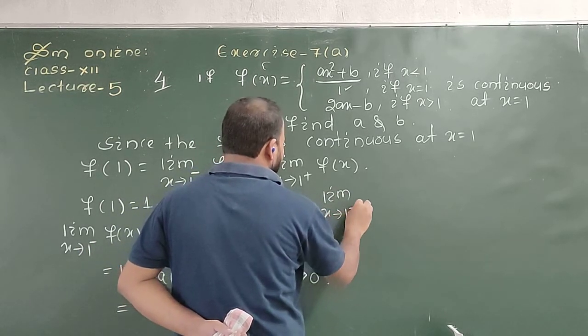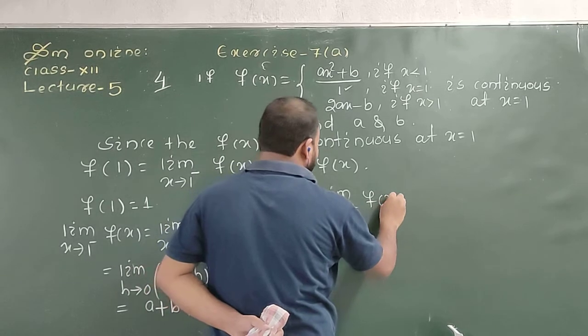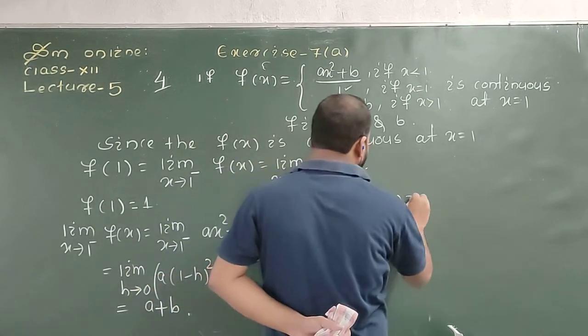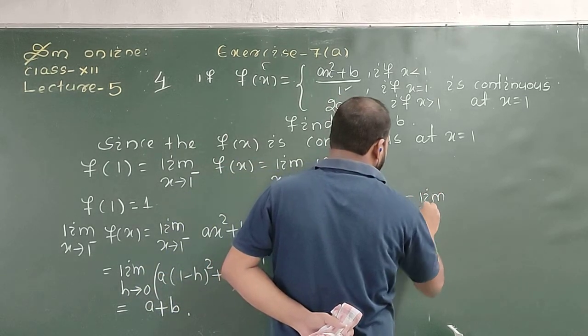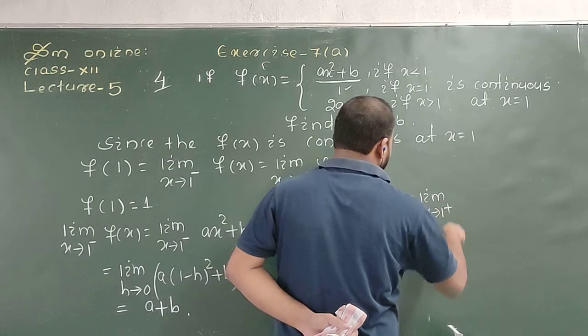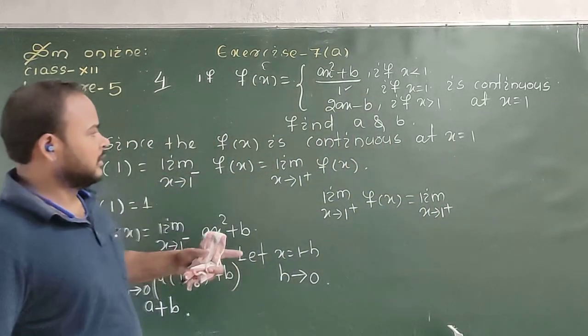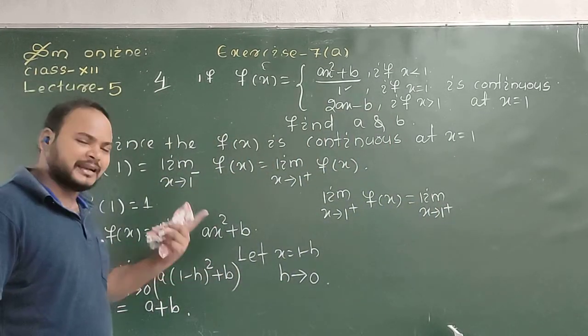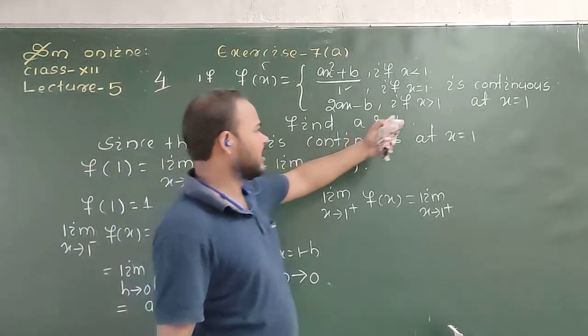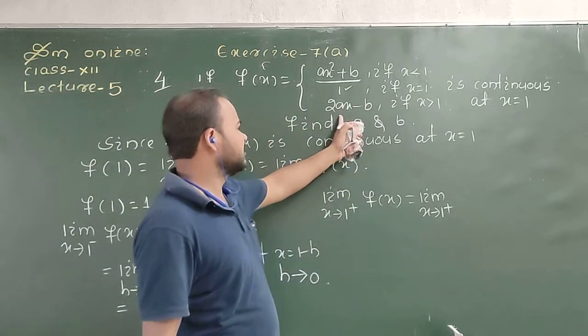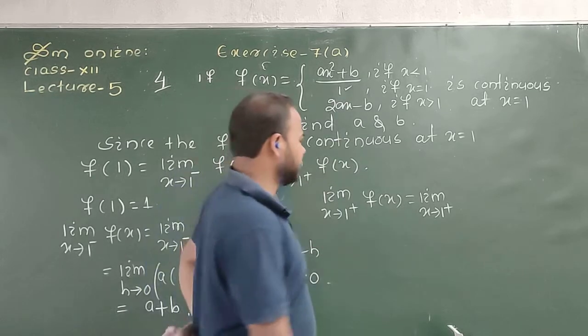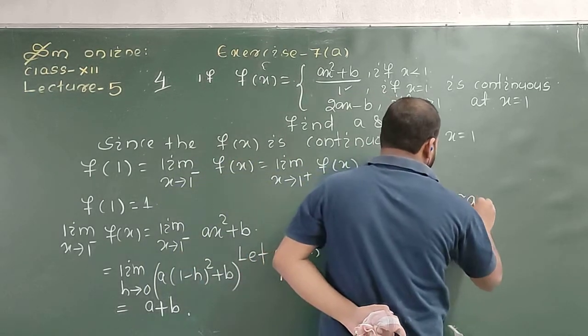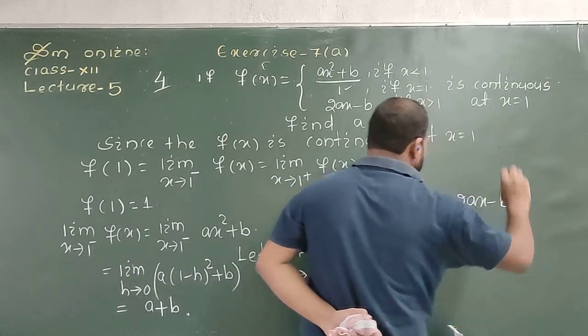Limit x tends to 1 plus f of x. The right hand limit means x is greater than 1, so the function value is 2ax minus b.